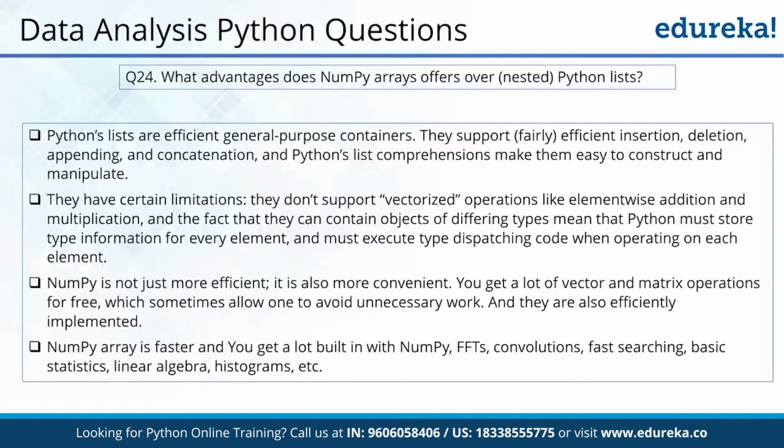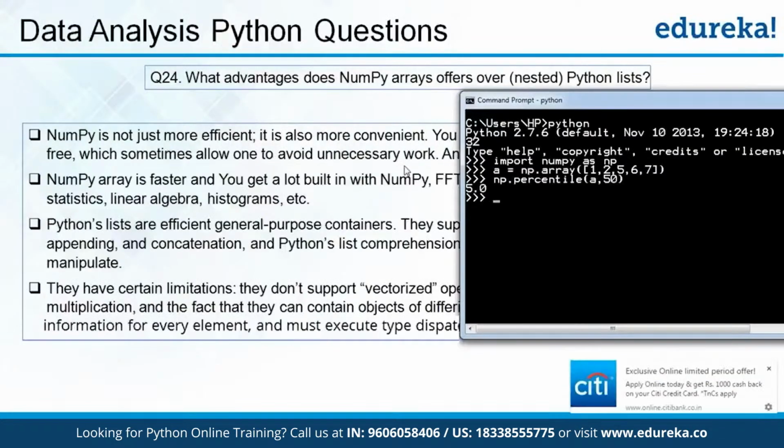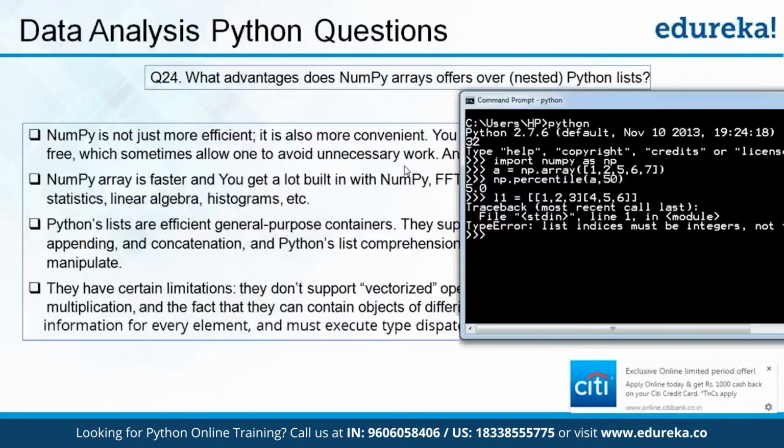What are the differences between NumPy and lists? It is much more efficient because all the structures have been written in C. With Python, you have vector and matrix operations for free. So basically something like this: I have got L1 is equal to 1 2 3, something like this.